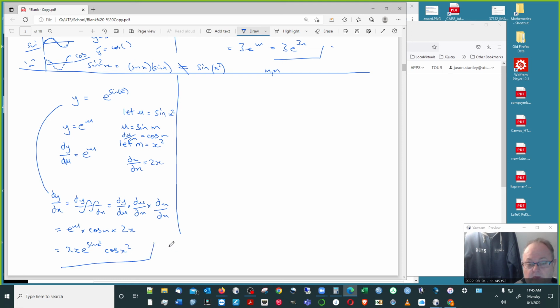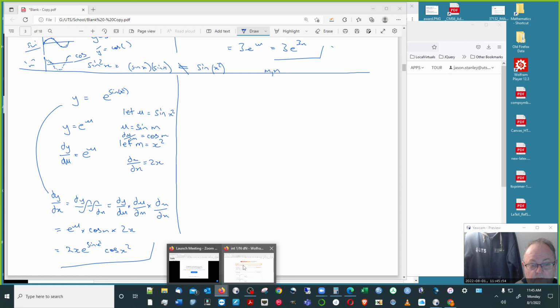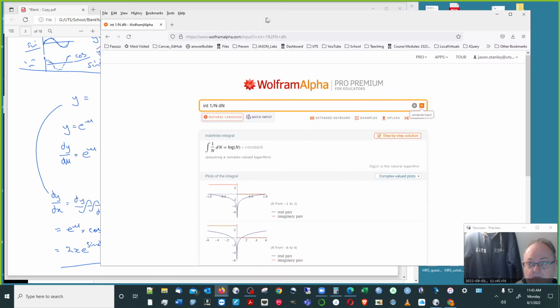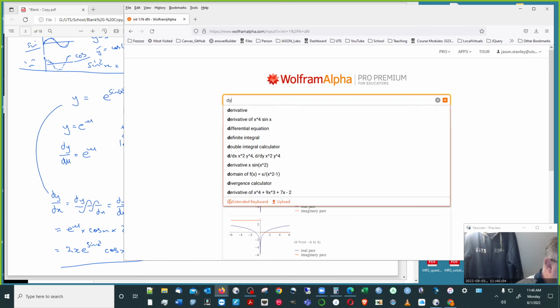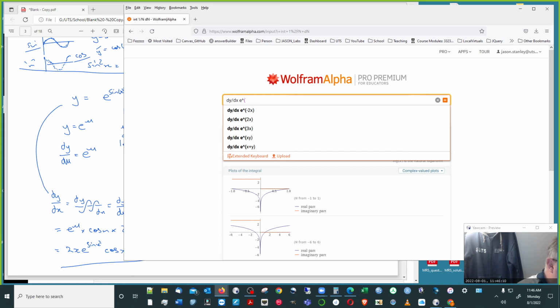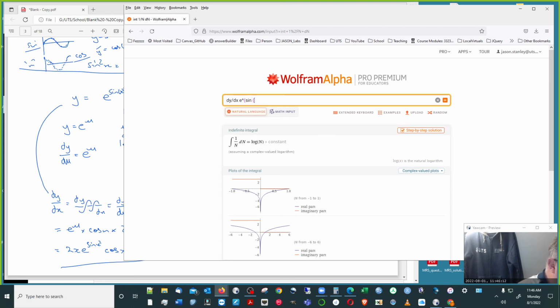Now, you know, because I'm a very erudite fellow, which is just complete rubbish, find me dy dx of e to the power bracket sine bracket x to the power 2, close the bracket, close the bracket.